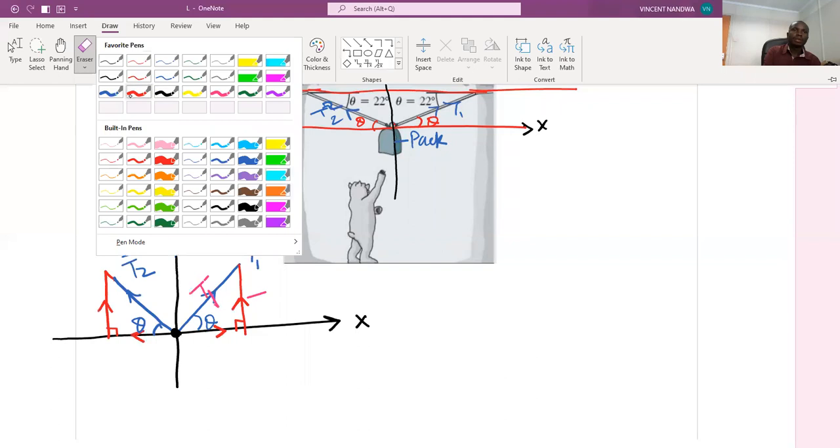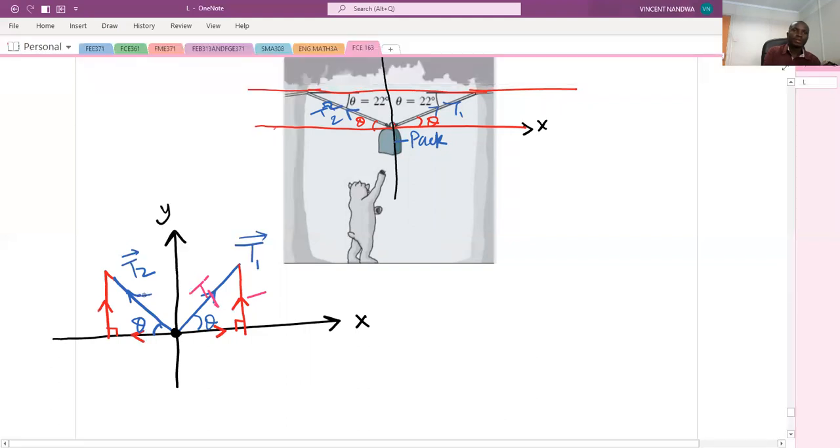Similarly, on this other one it will be T2. So this will be T1 sine theta, this will be T1 cos theta, this will be T2 cos theta, and this will be T2 sine theta.